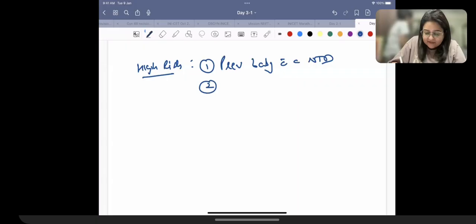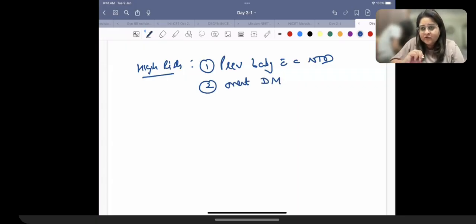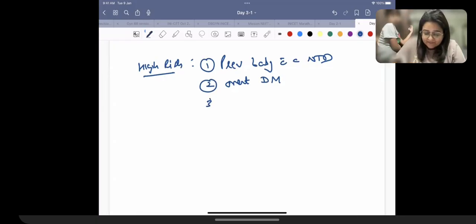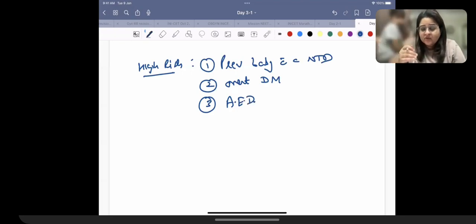Okay. Second, those who have overt diabetes mellitus. I told you, most common anomaly is heart disease, but second most common anomaly is neural tube defects. Third, those who are on anti-epileptic drugs, because most anti-epileptic drugs are going to cause neural tube defects. What else?